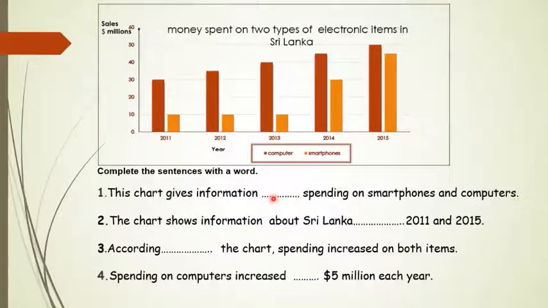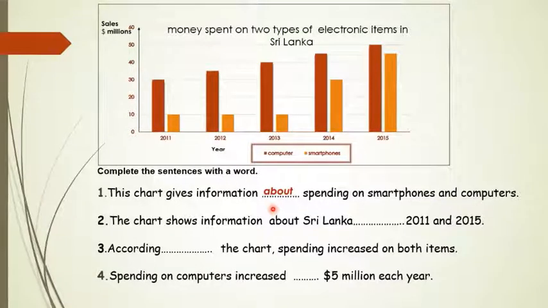Okay, number 1. This chart gives information, spending on smartphones and computers. Can anybody guess? Yeah, correct. About.